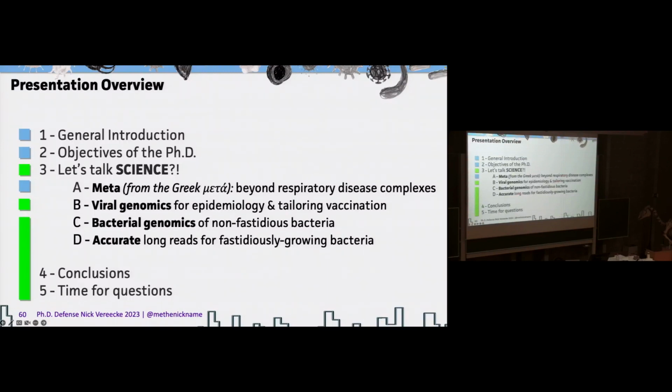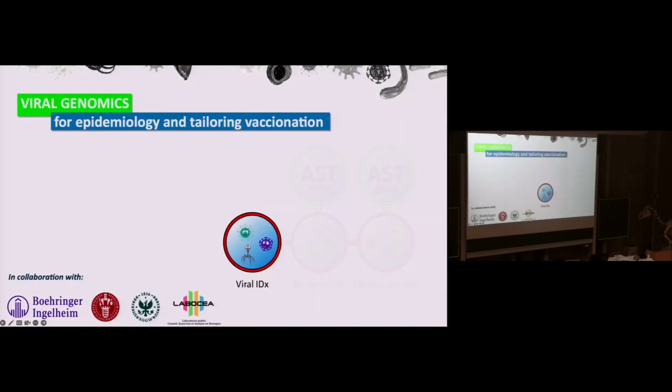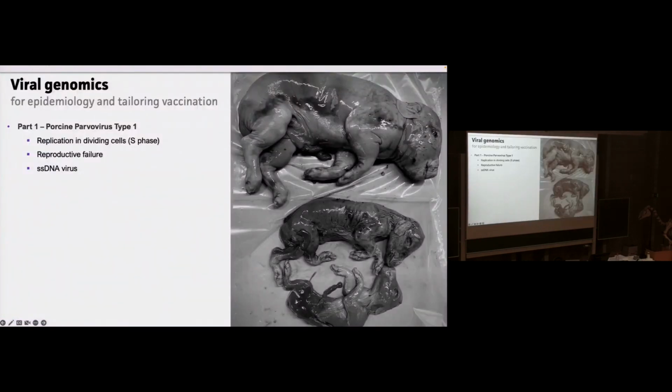If we continue to the viral genomics itself, I'm going to dig a little bit deeper into some of the viruses. This is a picture of some of the pigs that we sometimes receive for diagnostics, and as you can see, there are some small mummified piglets at the bottom. They are actually fetuses, not piglets yet. And we know that in many of these cases, we have a porcine parvovirus type 1 infection.